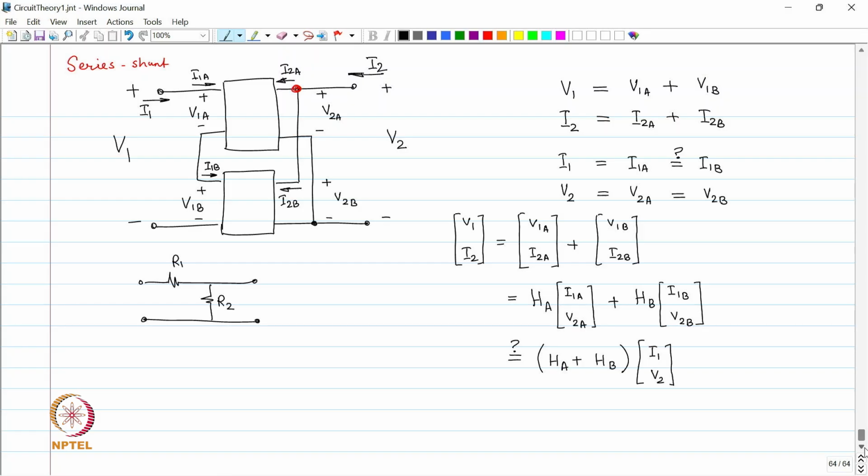Suppose you have a network, this one, and suppose you have another network and you do this shunt series at port 1 and shunt at port 2.